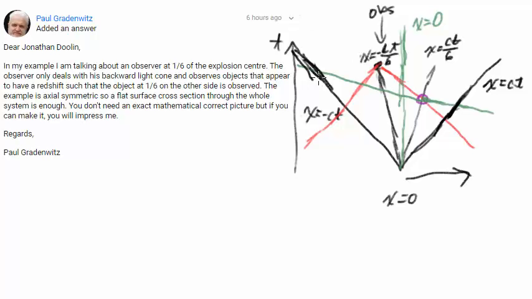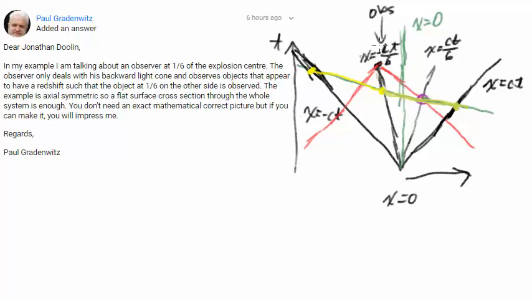We'll have the line from here to here is the same as the line from here to here. So this is the axial symmetry, so a flat surface cross-section through the whole system is enough. So this is going to be our cross-section.